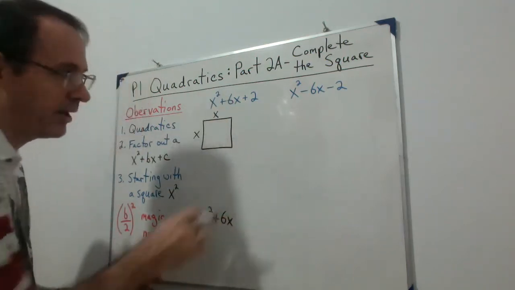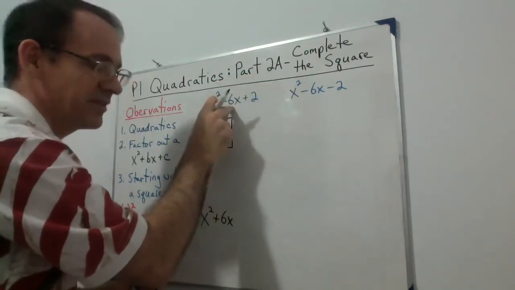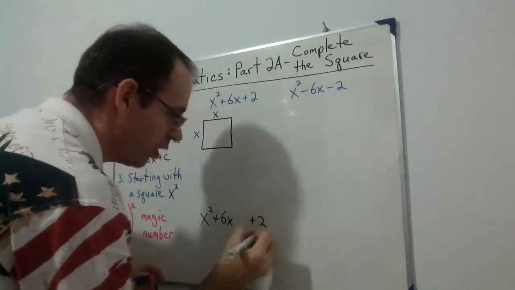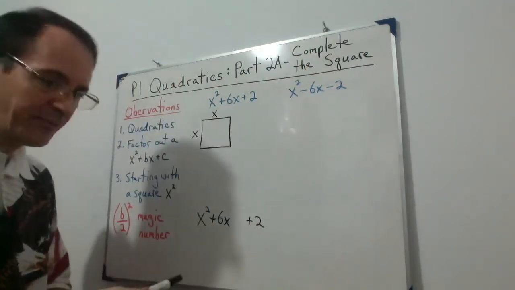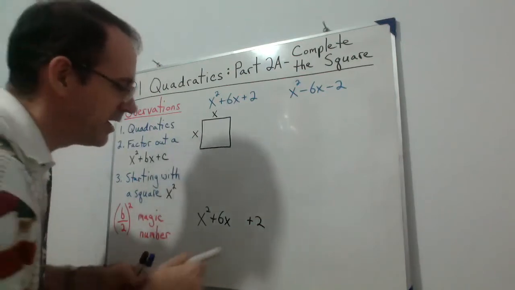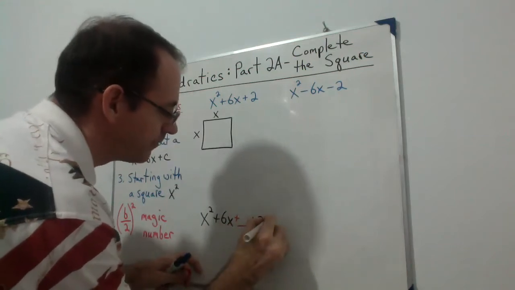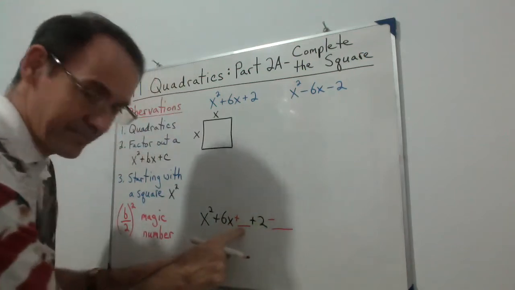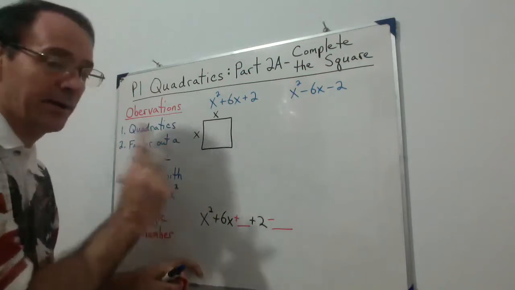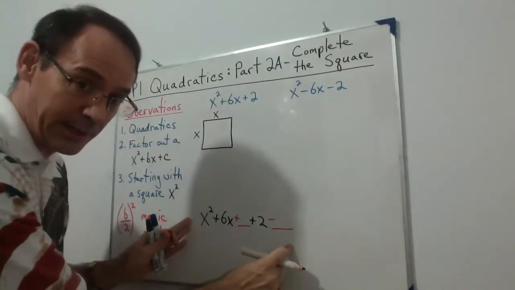We're going to keep that part, but the 2 doesn't factor to give us the 6. So we're going to move the 2 over, and what this formula provides us with is the magic number, the number that we can put in here to make this factor into a perfect square. That's our goal.